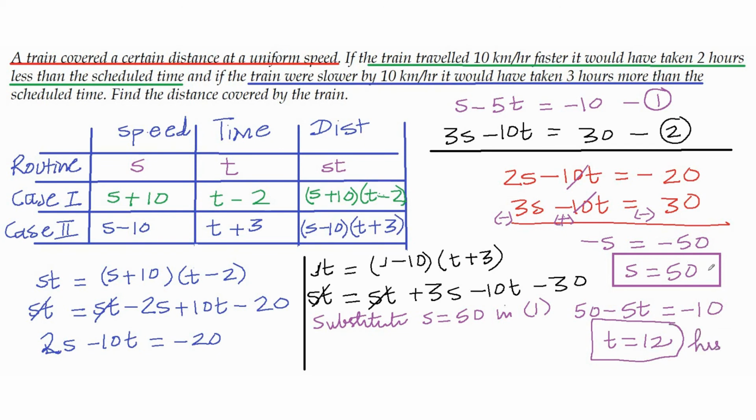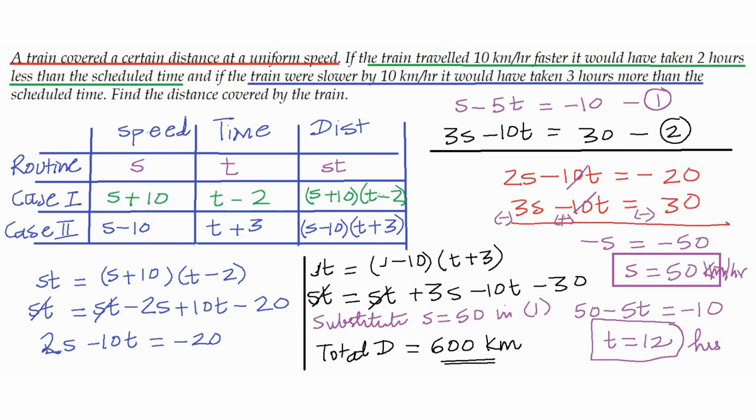The speed is 50 kilometers per hour and the time is 12 hours. Therefore, the total distance covered, that is what is asked here, will be 50 times 12, that is 600 kilometers, right? So the total distance going to be covered is 600 kilometers.